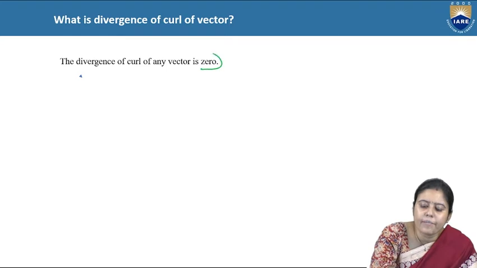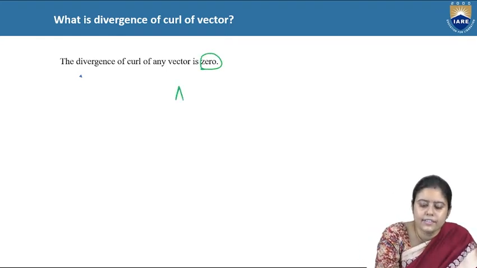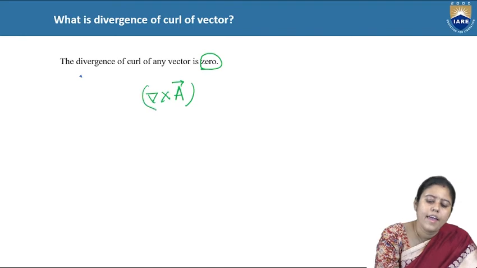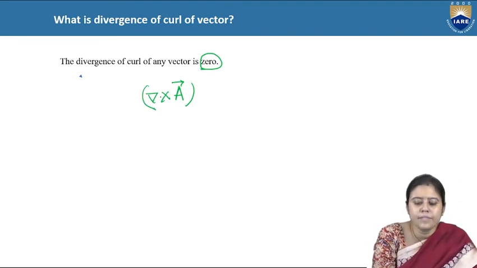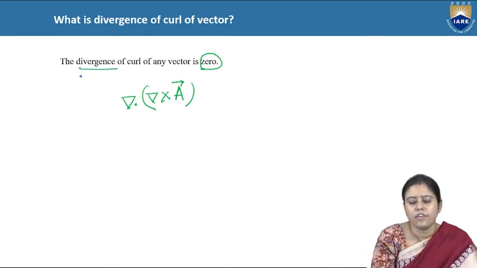This is a very, very important thing. If one vector is A, if we take the curl, meaning grad cross A, and if we take the divergence of it, grad dot grad cross A equals 0.